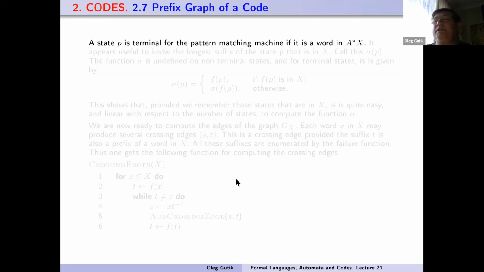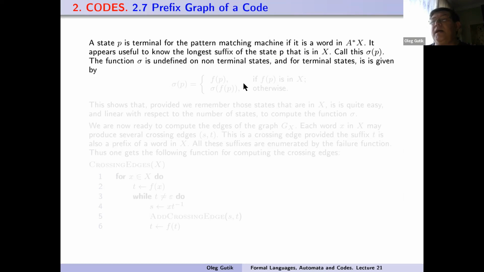A state p is terminal for the pattern matching machine if it is a word in the set A*X. It appears useful to know the longest suffix of the state p that is in the set X. Call this sigma of p.